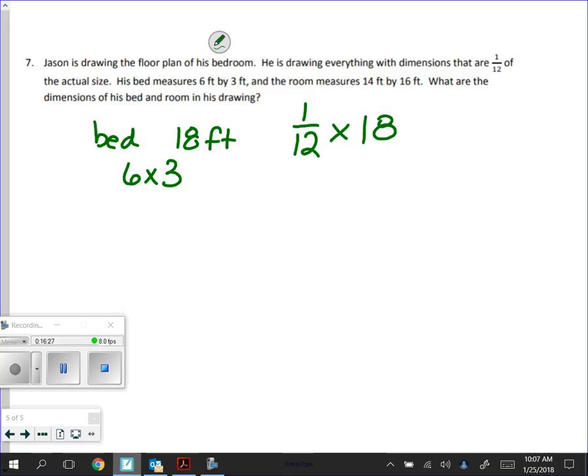Then you have his room was 14 by 16. What is the measurement of his room? You need to figure that one out. Do that. What was it? 224.